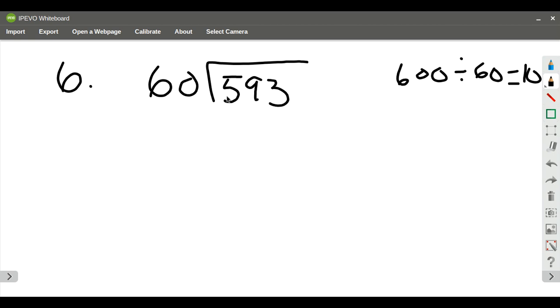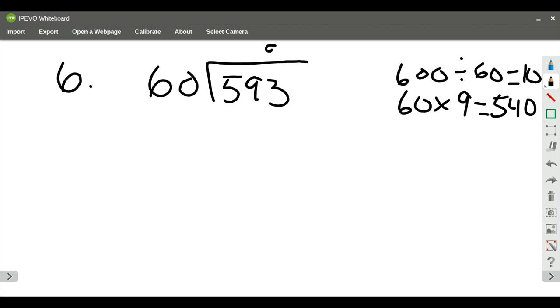Okay. So when I take a look at 60, 60 does not go into 500 or into 59. So I have to look at how many times it's going to go into 593. Well, it's not going to go in there 10 times because that's too big. So I'm going to go backwards in math facts. I'm going to do 60 times 9, and I get 540.